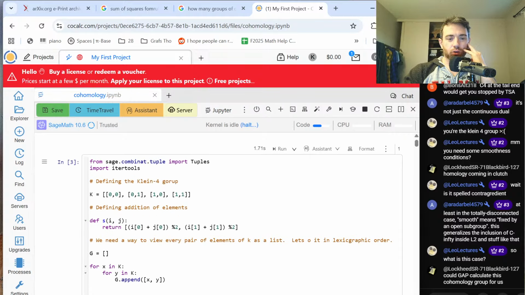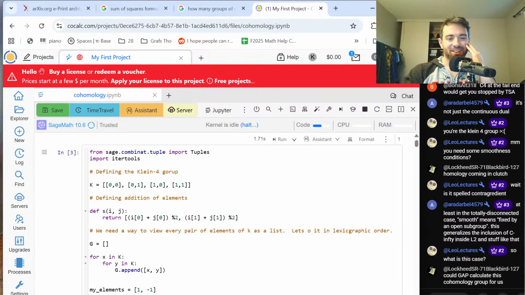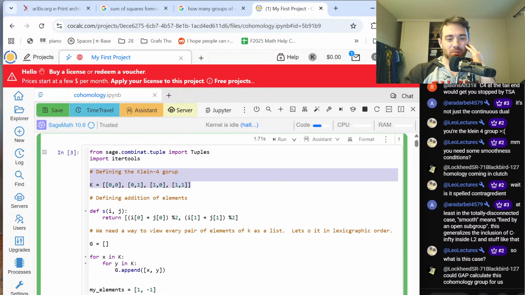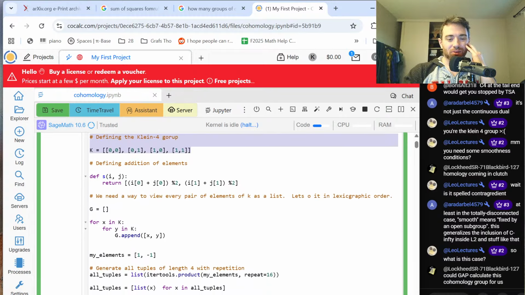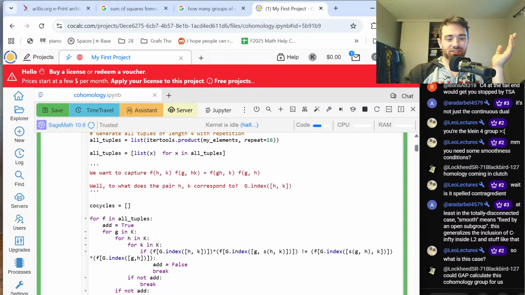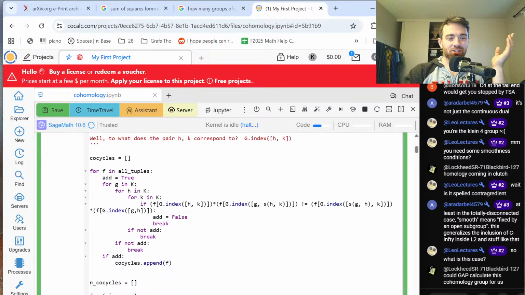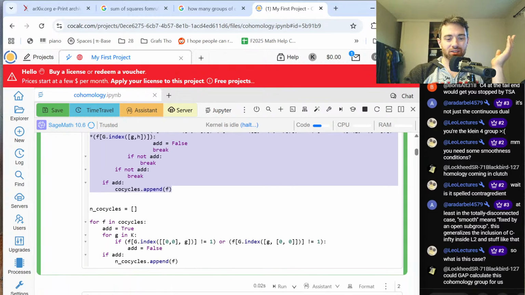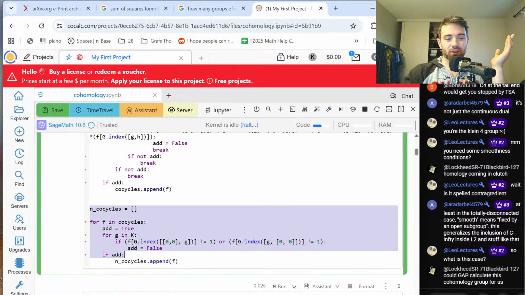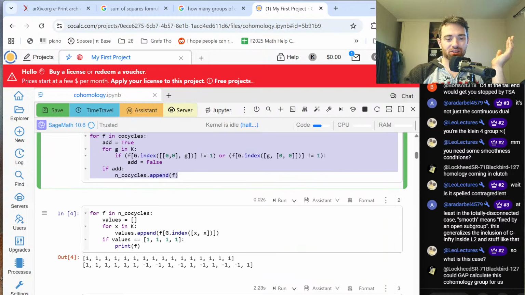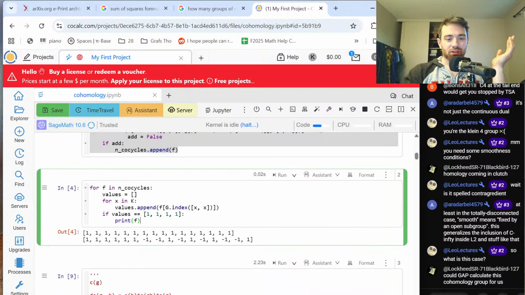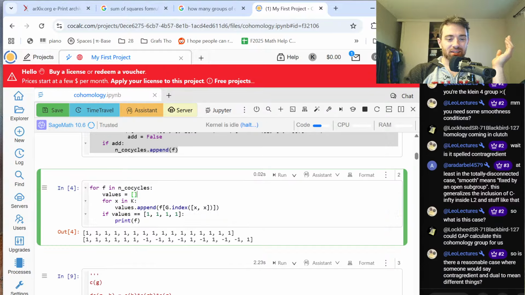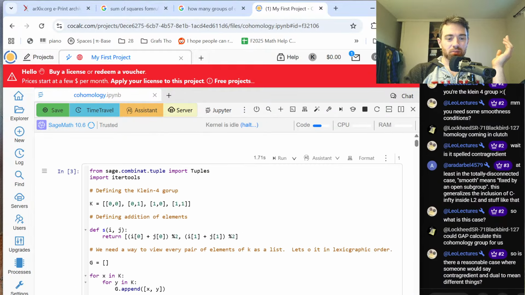To explain some of this code, I even defined the Klein 4 group by hand, because I wanted to work with elements as lists. And then you see here I had code that created cocycles. So I had functions representing the cocycles, and then I weeded out those to take normalized cocycles. So let me run some of this code actually.